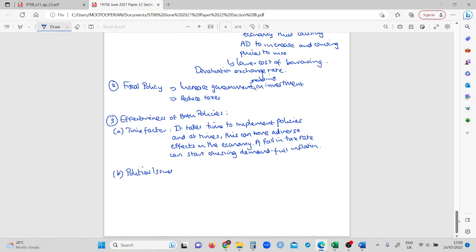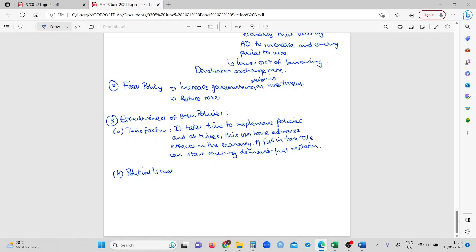So government sometimes avoids using some measures such as fiscal measures or even monetary measures, especially when elections are near, because they feel that they might lose votes. So for political reasons, at times they wouldn't want to change fiscal policy or even monetary policies. This is due to some political reasons.